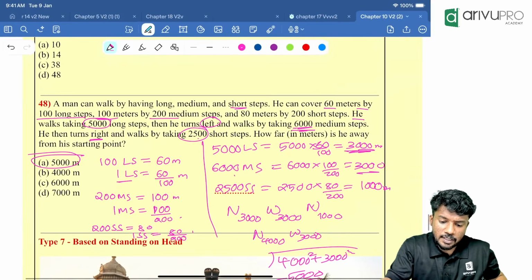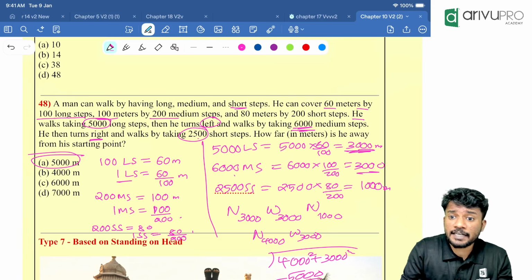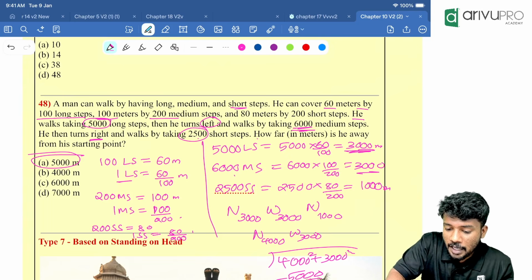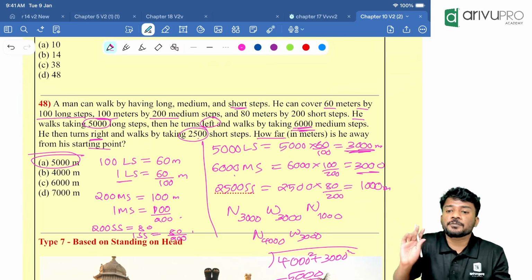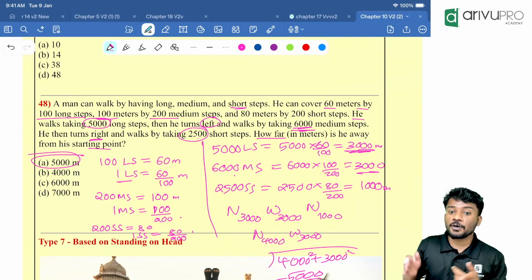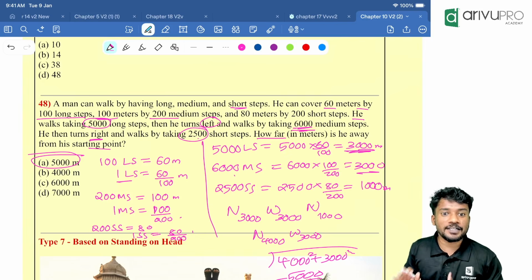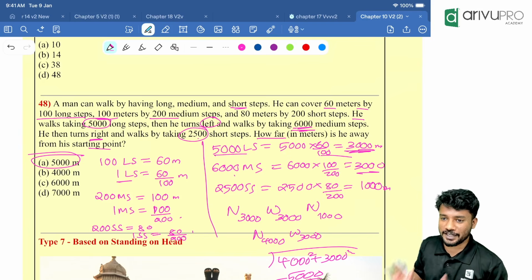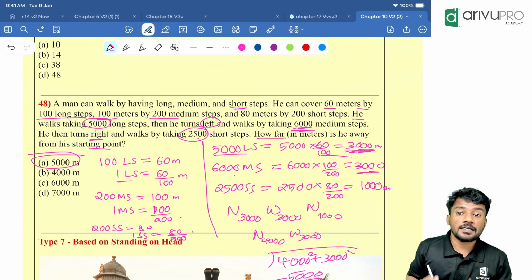So look at this. If you are reading from the beginning, the question might look complicated. But if you read from the end, how far is he away from the starting point is the question. No matter what, they can't change the question. They will only ask the question like that. So you know that it is something you have already studied. Then the rest of the meter part you should find. So always read the last line.